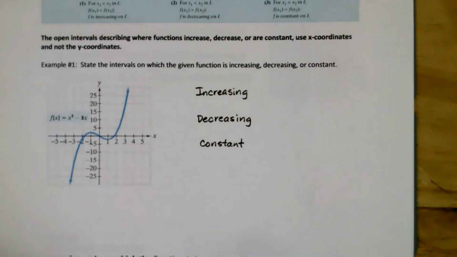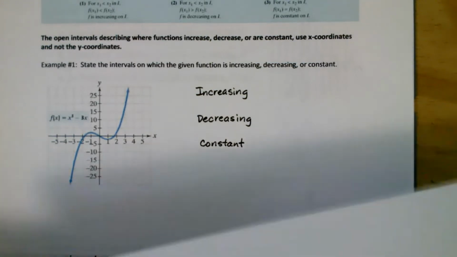All right, now the way I'm going to do this is I'm going to take a clean sheet of paper, cover the graph, and then we're going to move this paper from left to right along the x-axis to see where it is increasing or decreasing or constant. So I'm going from left to right. Now that arrow down here, that means this goes on and on forever.